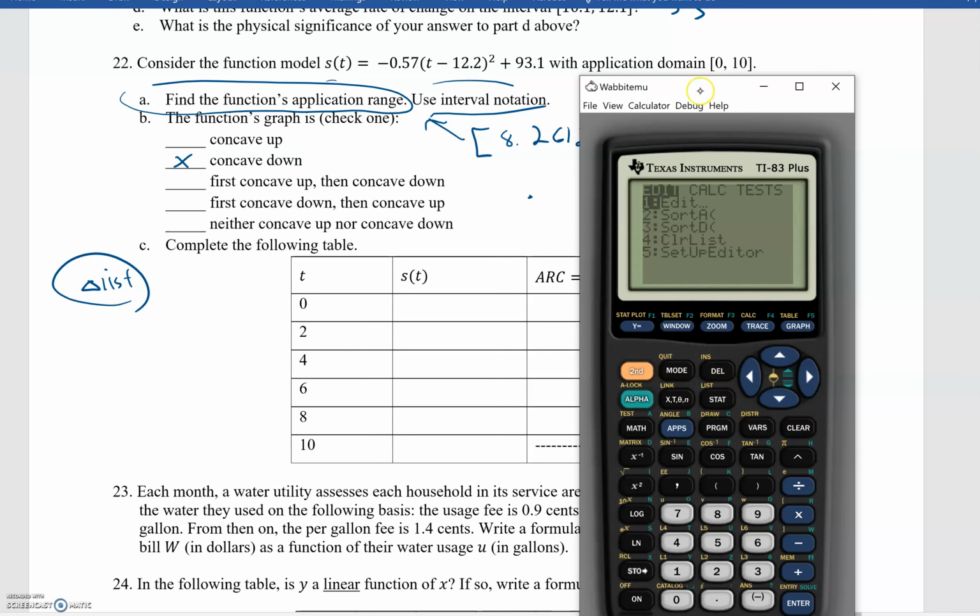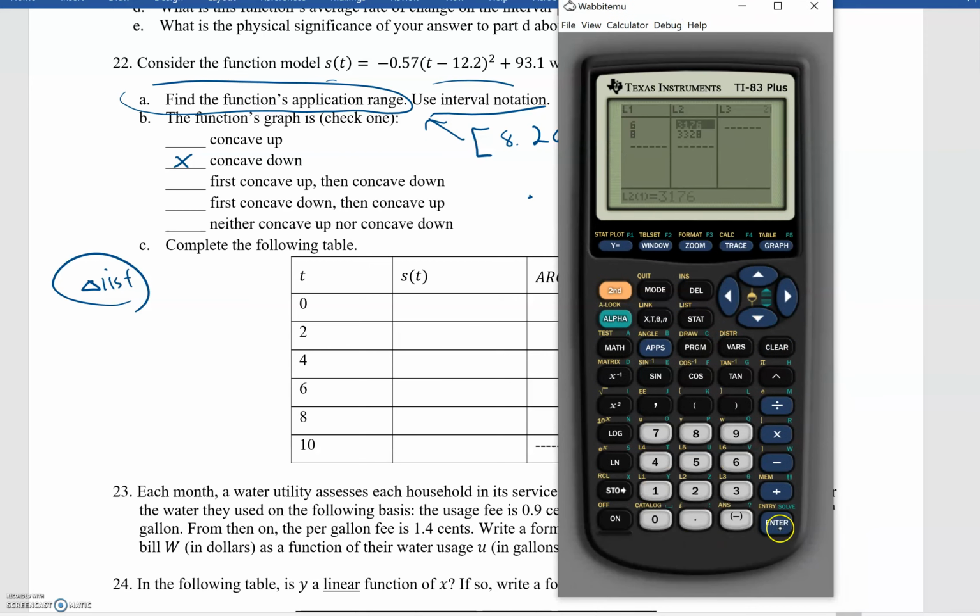So let's go to, and I do need to clear my list, so let's clear the lists. And L1 will be 0, 2, 4, 6, 8, 10. L2, what is L2?